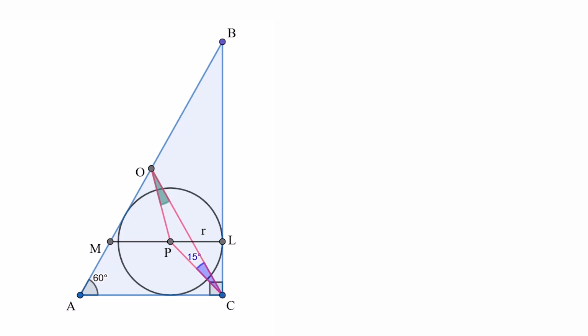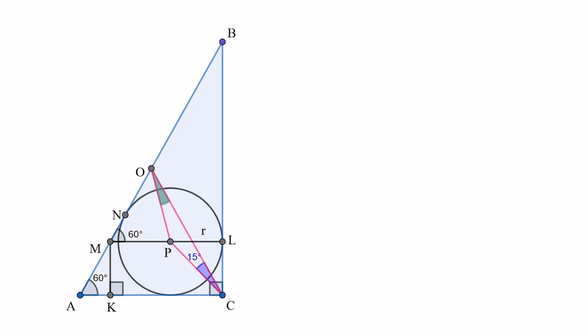Now drop a perpendicular from point M to base AC. Notice that angle OML is also 60 degrees, since AC and ML are parallel and AB is a transversal.